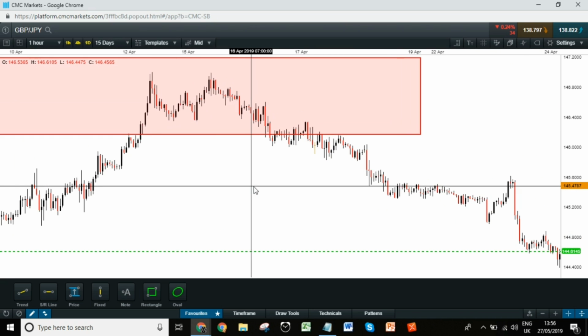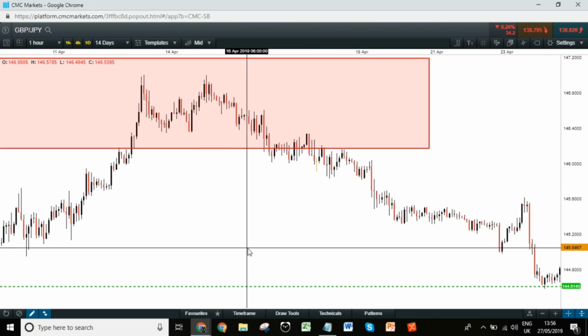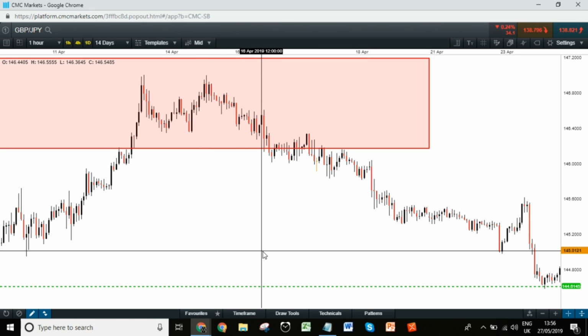All right, so what we're ideally looking for, when it comes to a supply zone, is an engulfing structure. We're looking for a bullish engulfing that needs to be broken for event 2. And for demand, we're looking for a bearish engulfing that needs to be broken for event 2.